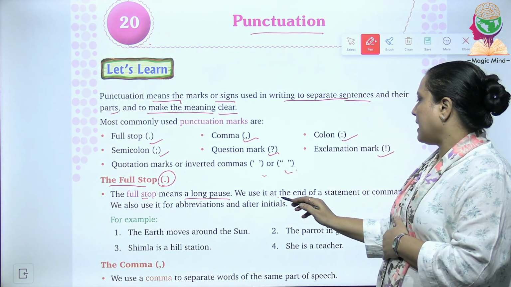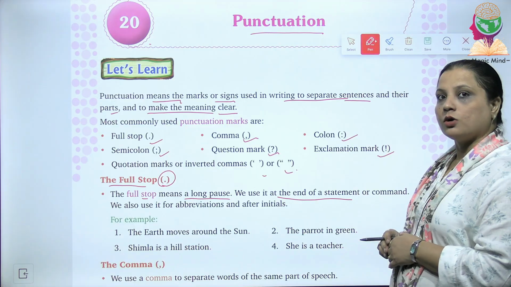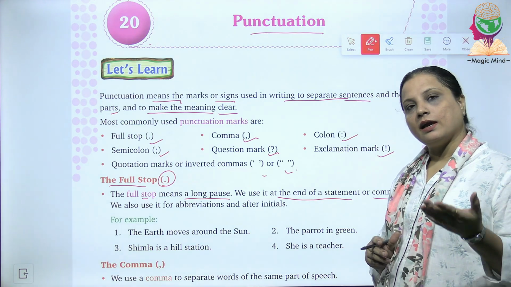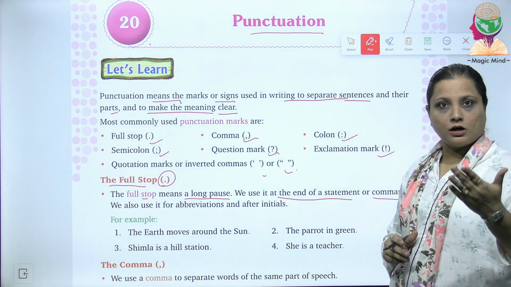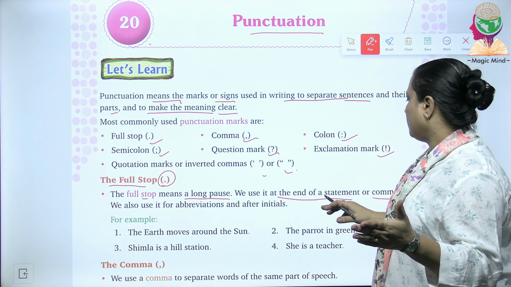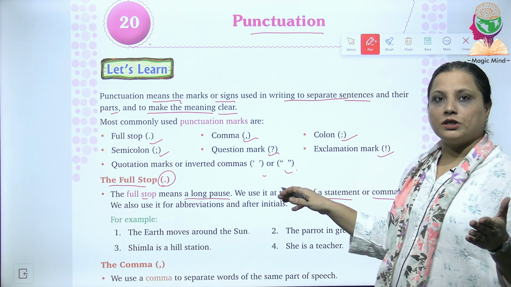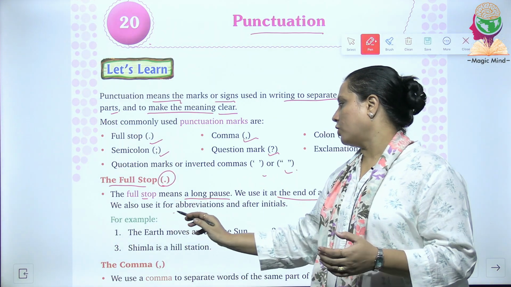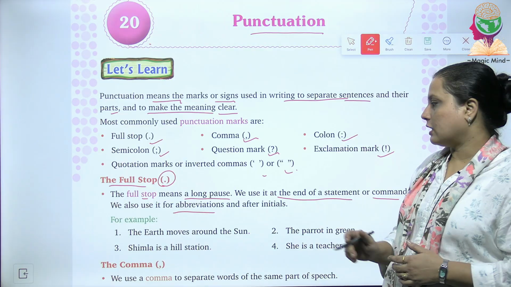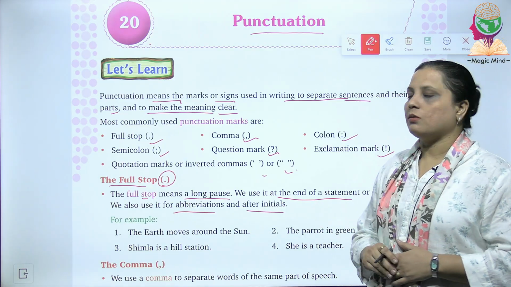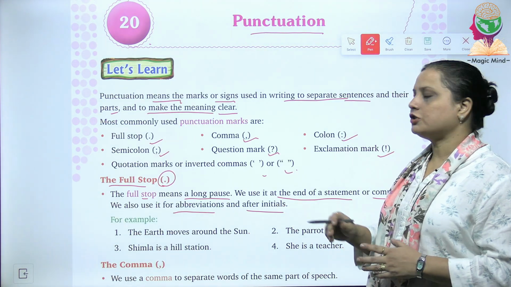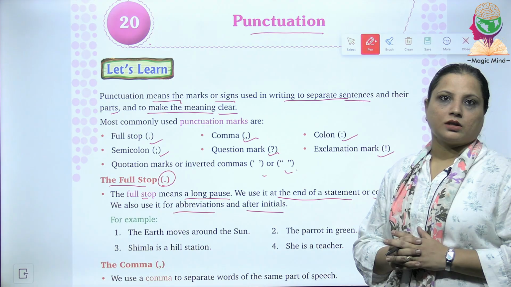We use it at the end of the statement or command when we are stating something or giving a command. So when we are using it, we are using it at the end. We also use it for abbreviations and after initials. हम उसे abbreviations के तौर पे भी यूज़ करते हैं और initials के बाद भी यूज़ करते हैं.